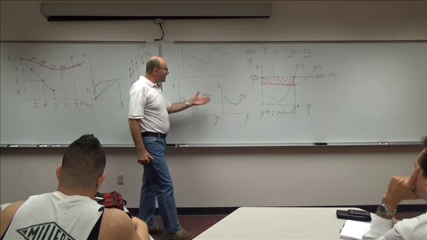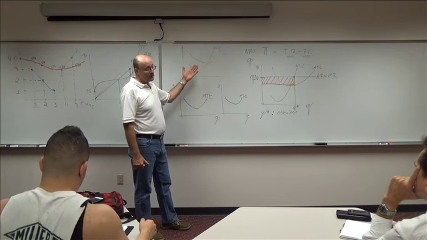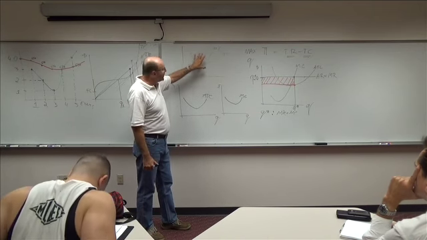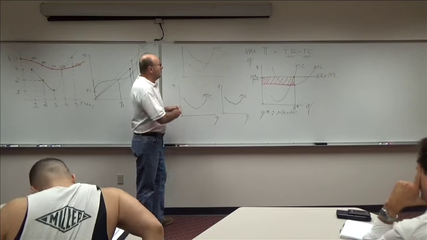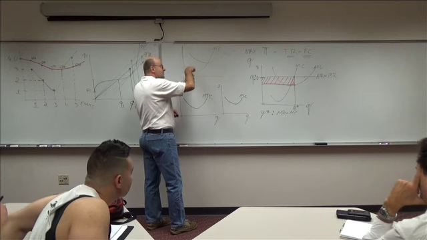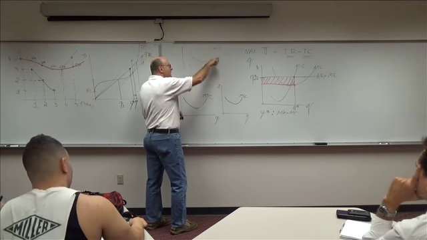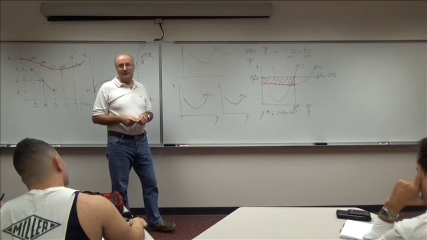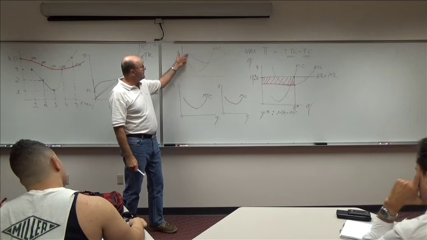So your derived cost functions, average total cost and marginal cost, are two U's that intersect in a very particular way. Marginal cost intersects average total cost at the minimum average total cost. Right? Why? Because as long as marginal cost is below average, average goes down.